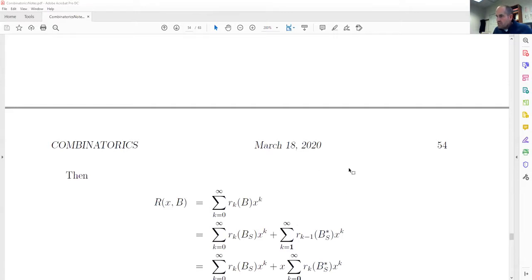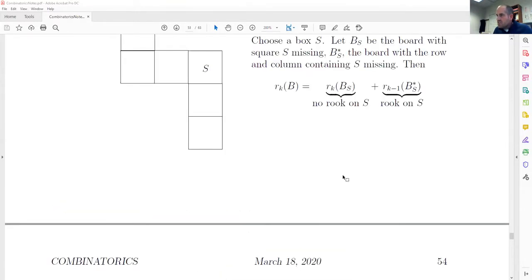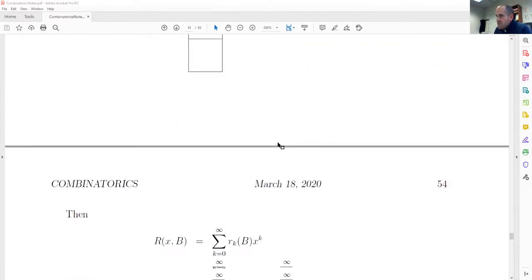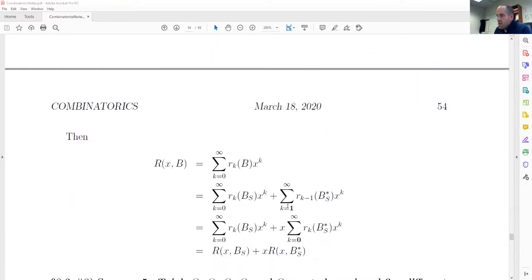Obviously, if I invoke it for r sub 0, this term is going to be 0, because this would be r sub minus 1. So that's gone.